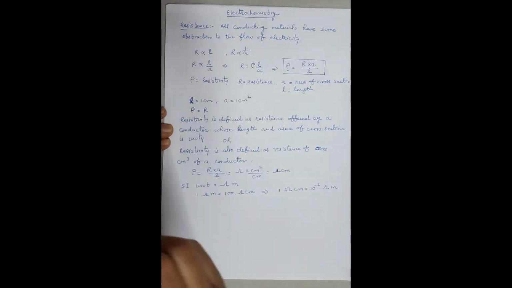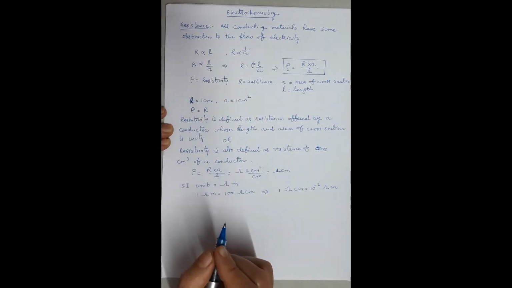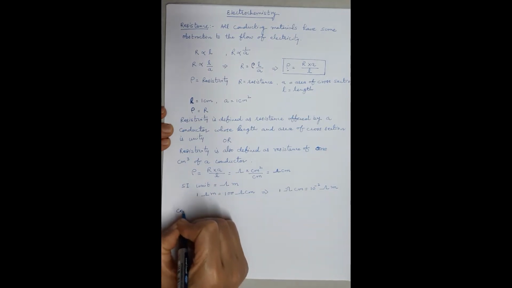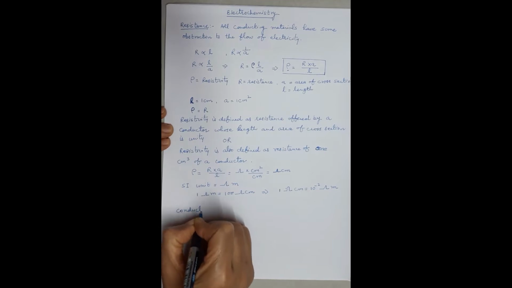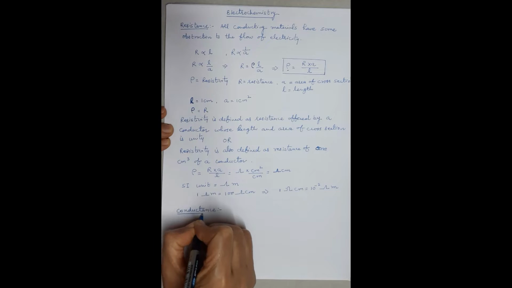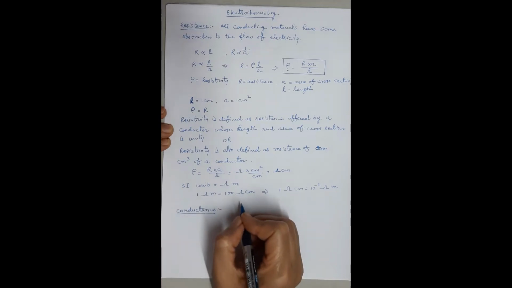As we know about resistance, do you know what 1 upon R is? That is the inverse of resistance. That is called conductance. Let's talk about conductance. What is conductance?